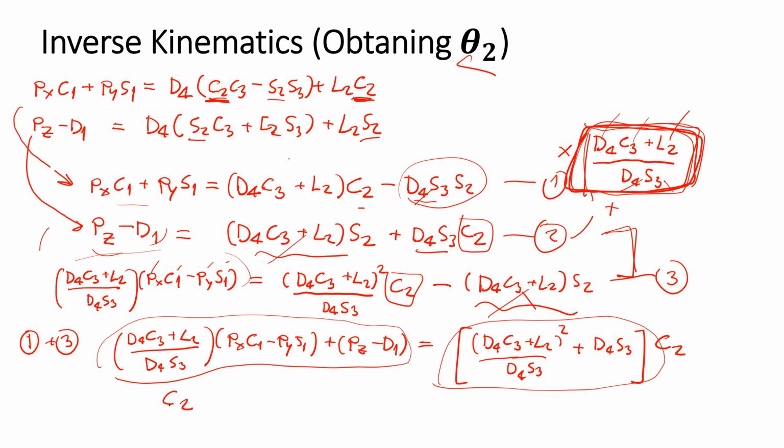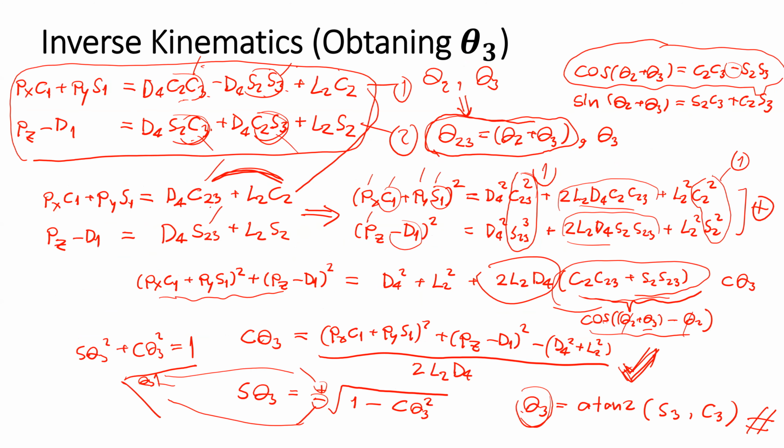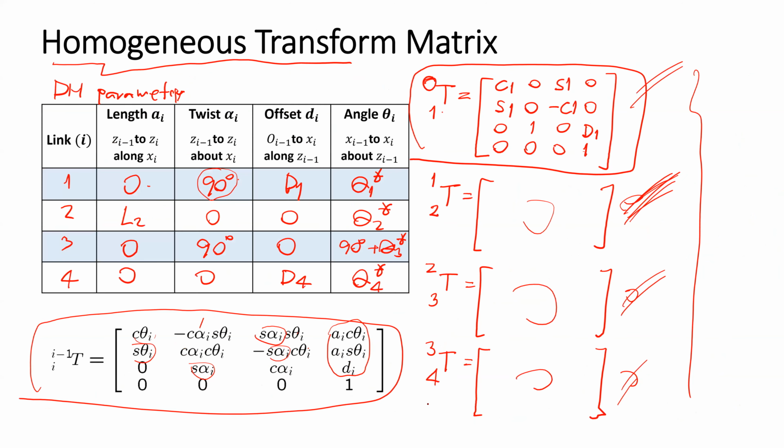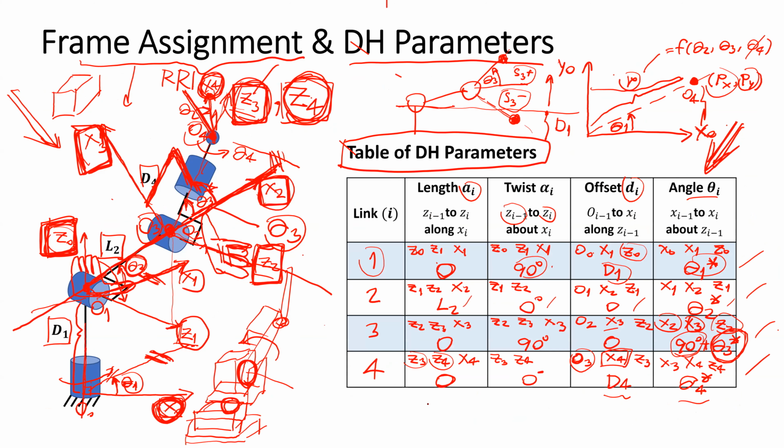Now we obtain C2. And S2, again, S2 can be obtained from this. We need to come back to check C2. The condition for C2 is the same with the C3. If psi of angle 2, theta 2 will be positive, psi of theta 2 will be negative.